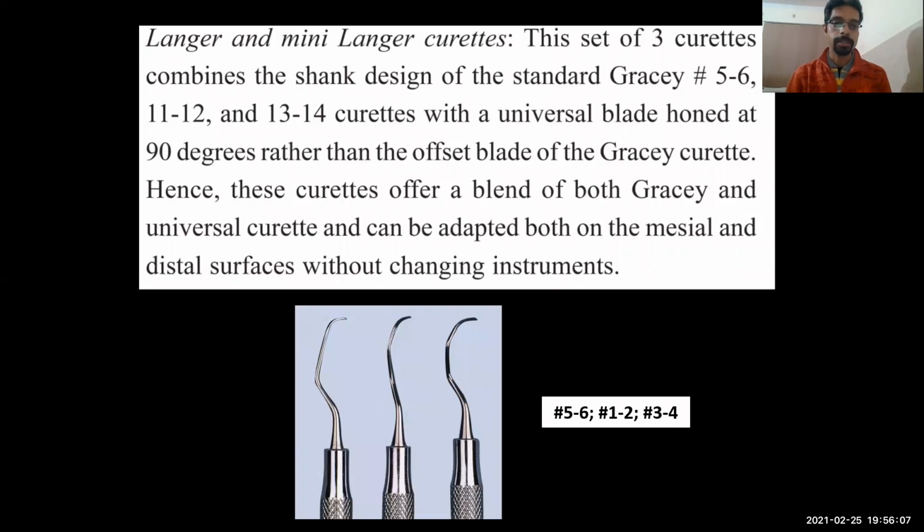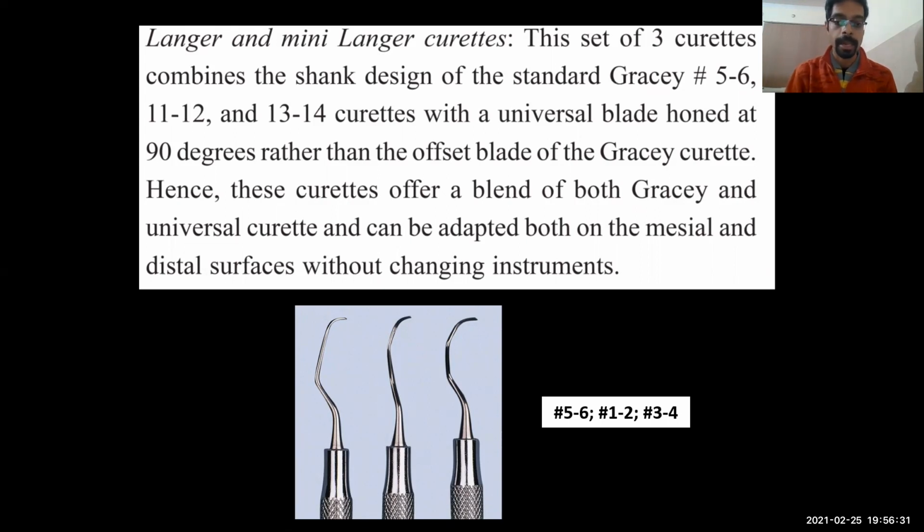Now coming on to another modification, Langer and mini Langer curettes. Basically this is a set of 3 curettes, and it is a hybrid type of instrument. It is a combination of the shank design of Gracey curettes 5, 6, 11, 12, and 13, 14, and the blade of the universal curette.